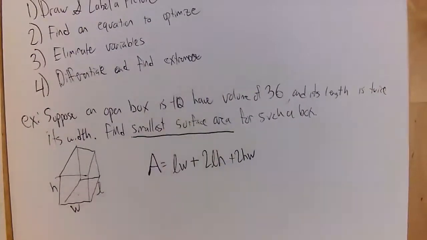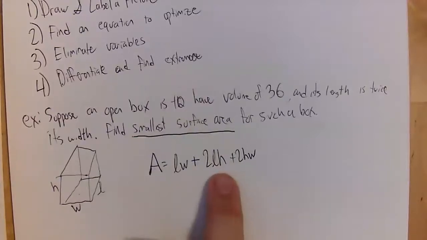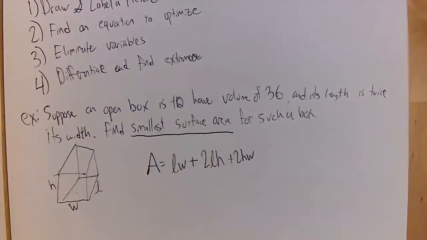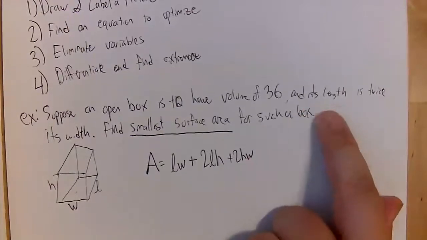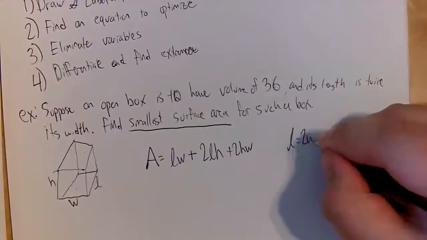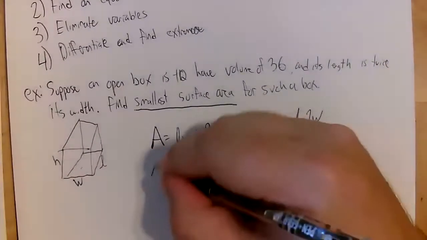That was step 2. Now, step 3 means we need to eliminate some variables here. Now, we have 3 variables happening here, but we really can only deal with 1. Let's use the information that was given in the problem to eliminate some of these variables. The first thing we notice is that the length is twice the width, right? So every time I see an L in here, I can replace it with 2W.